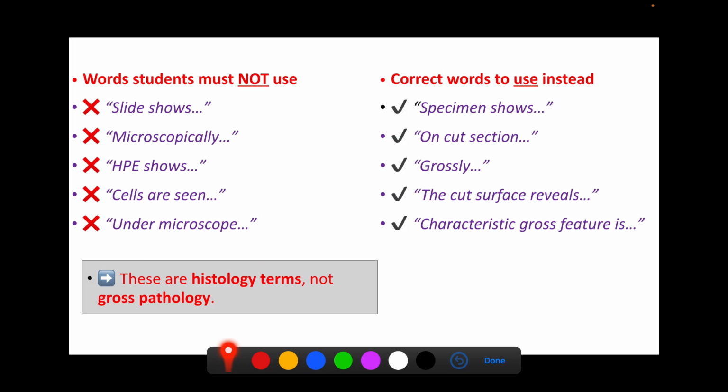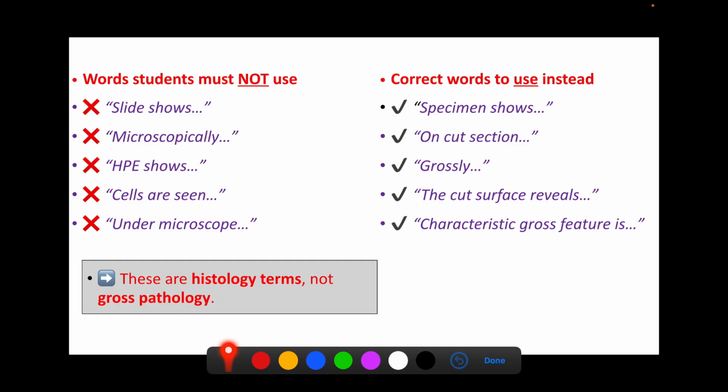Now, words that must not be used while you describe your gross specimen, like slide shows, because slide is always related to microscopy. Microscopically, these are the macroscopic description, so do not use the word microscopically. HPE, so HPE is histopathological examination, that is a microscopic term, and cells are seen.